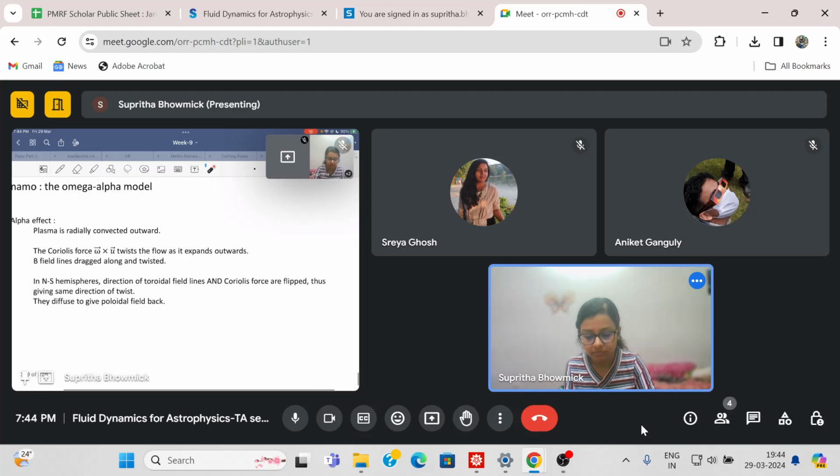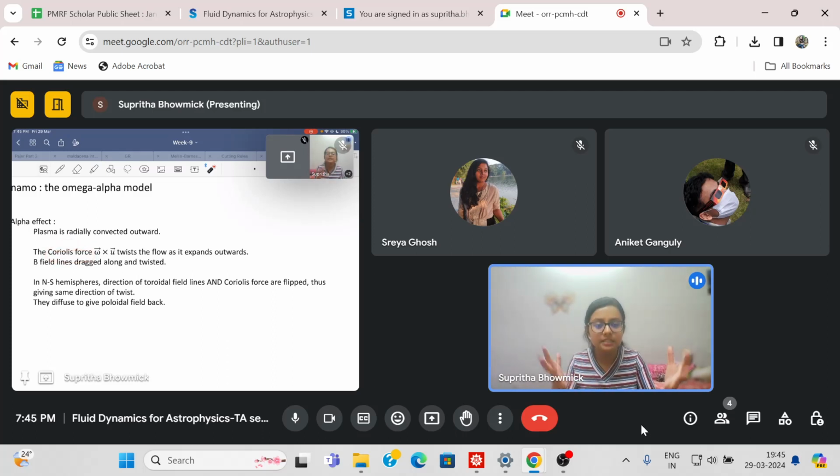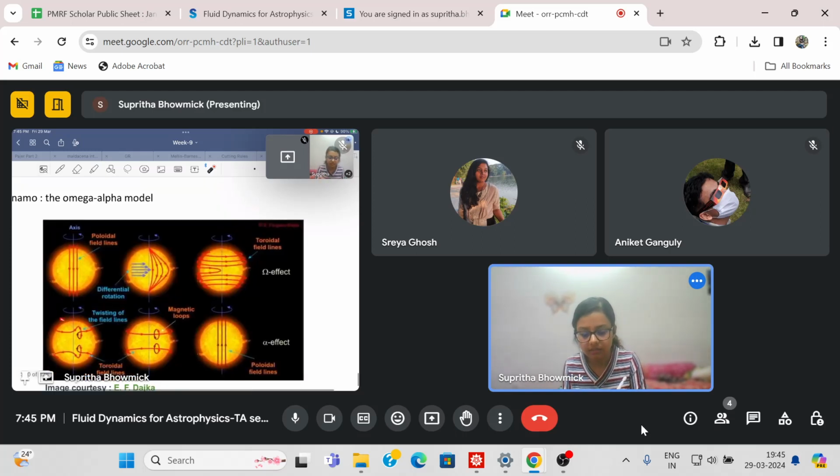Now, as it is convected out, as it is traveling out, what will the plasma see? It will suffer the Coriolis force, right? Because it's in a rotating frame, it will see that it's getting deflected. What is the direction of the Coriolis force? It's omega cross u, where u is the velocity of this plasma parcel, and omega is the angular velocity of the sun.